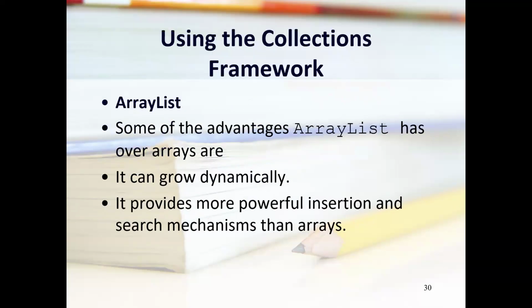Let's see how to work with the array list. The advantages of an array list over arrays are that it can grow dynamically and it has more powerful insertion and search mechanisms than arrays.